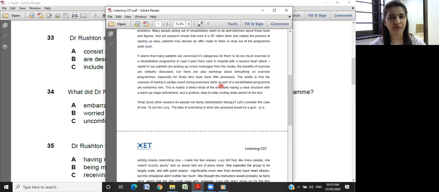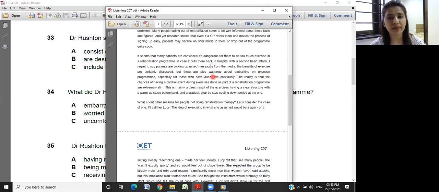It is asking why they are safe. So it doesn't say that it is only for those people who have done exercises previously, right? So it is not his opinion. See how you can differentiate. Here it says, I regret to say patients are picking up mixed messages from the media. Now, what are those mixed messages? The benefits of exercise are certainly discussed in the media, but there are also warnings about embarking on exercise programs, especially for those who have done little previously.